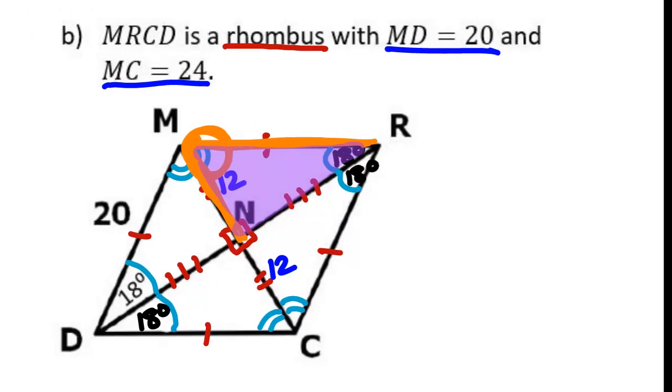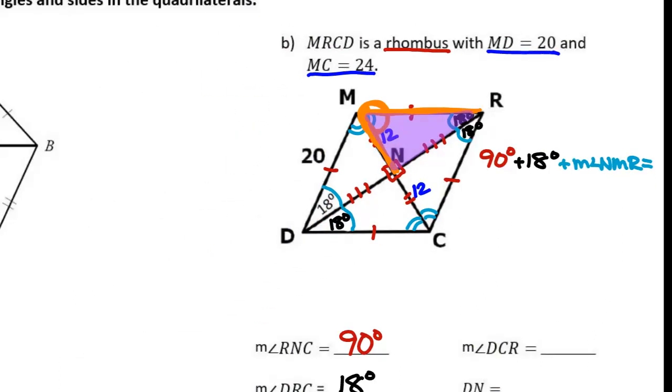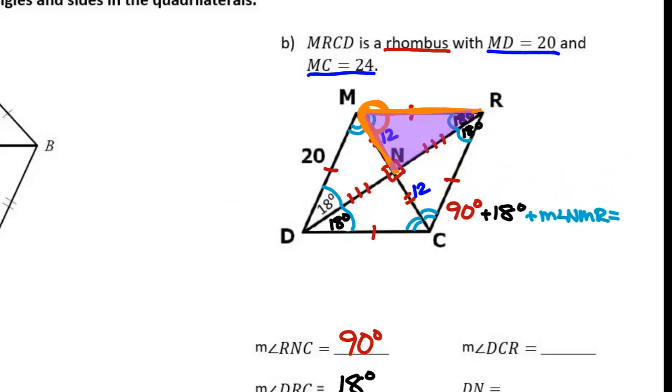I know one of those angles is 90 degrees, one is 18 degrees, and then there's angle NMR. So those three angles added together are going to add up to 180 degrees, so I'm going to set that equal to 180.